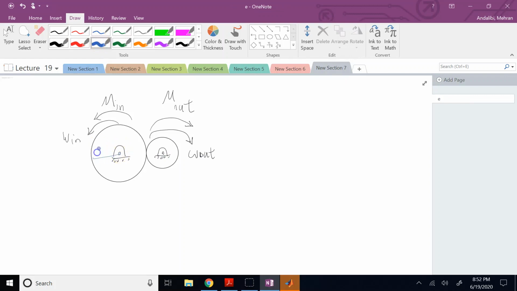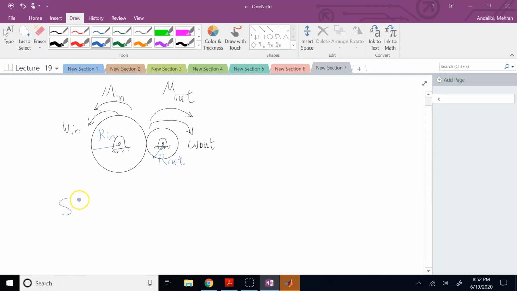And this is radius in, and this is radius out. If you remember, in the past we defined the speed ratio to be omega in over omega out, and it was equal to what? Radius out over radius in, correct? So this was the speed ratio.